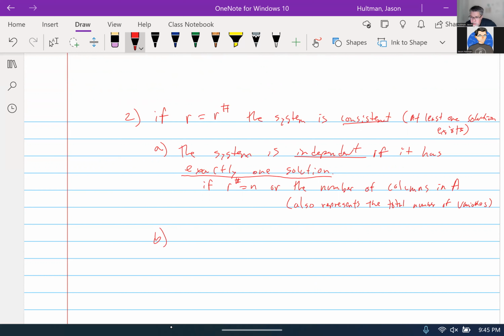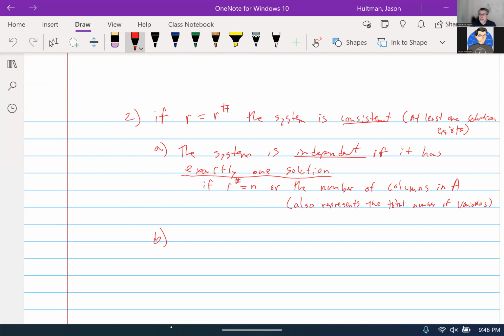Okay, B, if we still have R equaling R pound, the rank of the coefficient matrix and the rank of the augmented matrix are still equal, but they are less than N, less than the number of columns or the number of variables I started with, then we have what's called a dependent system, and it has an infinite number of solutions.